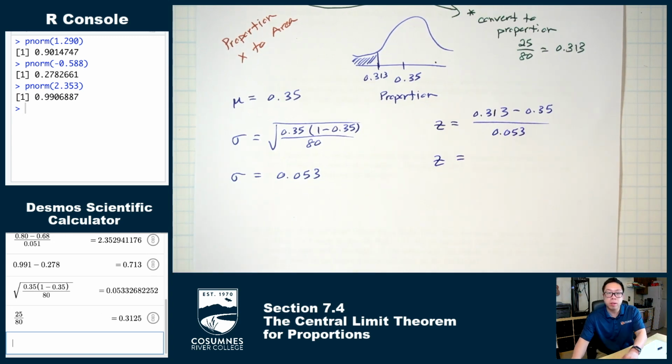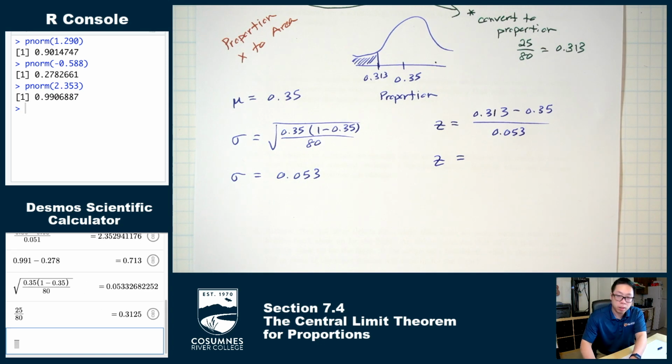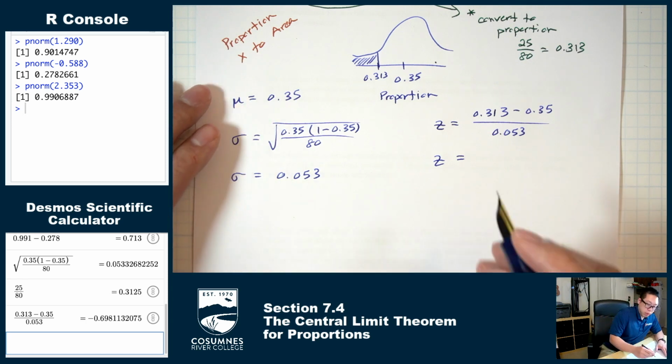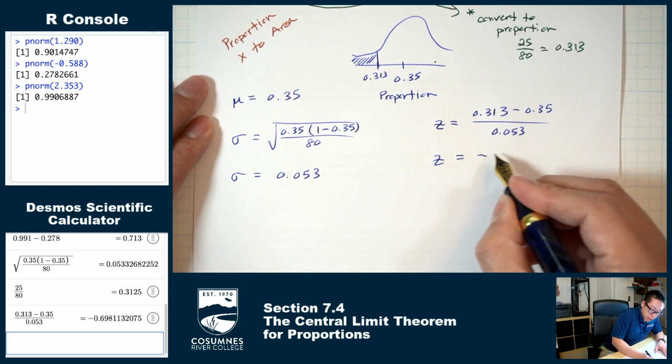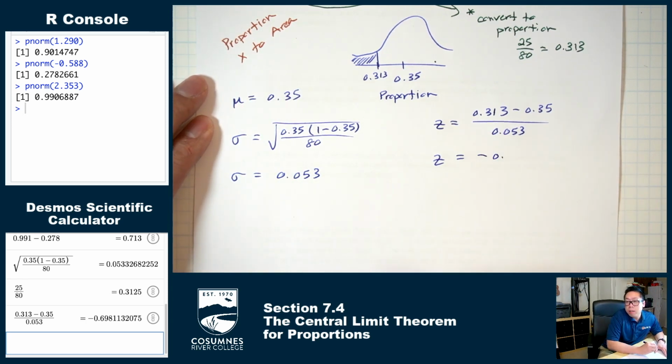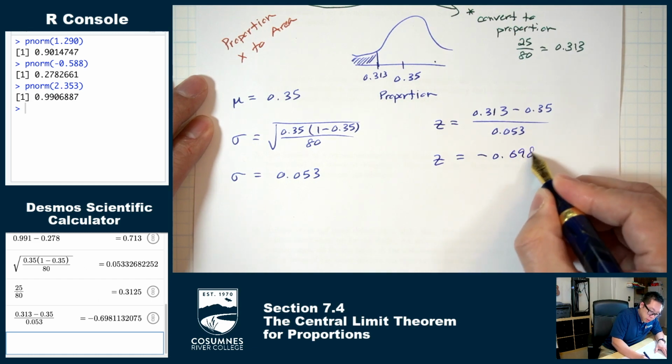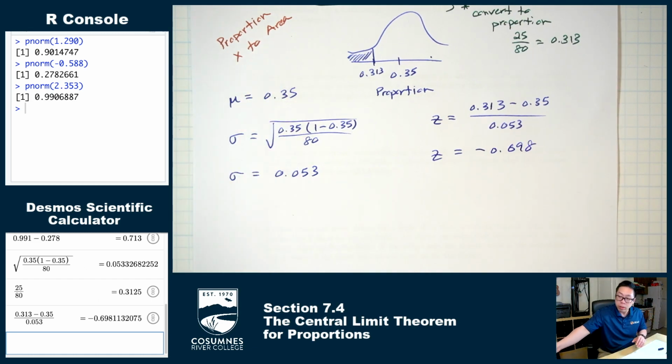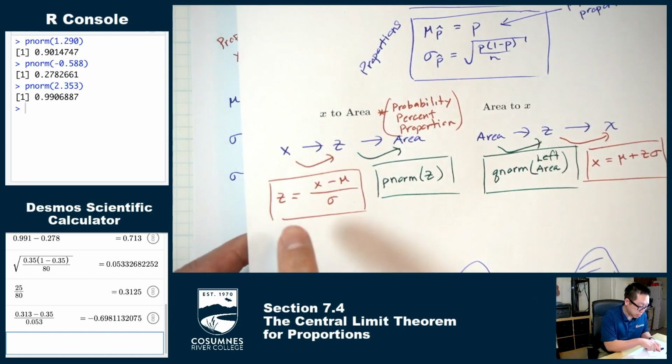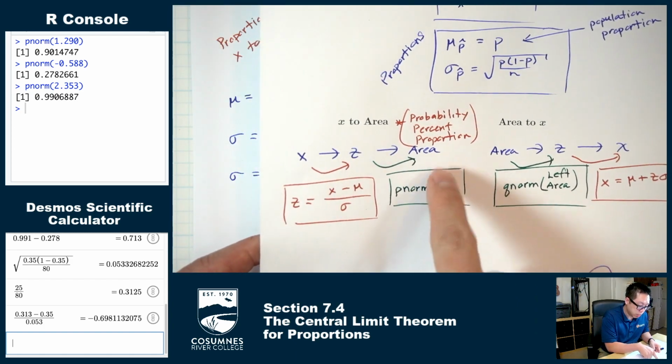Up top 0.313 minus 0.35 over 0.053. Okay, round this to 3 decimal places. This is negative 0.698. Okay, we're not done. The only thing we did was the z-score. That gets us from x to z, from z to area, p-norm.